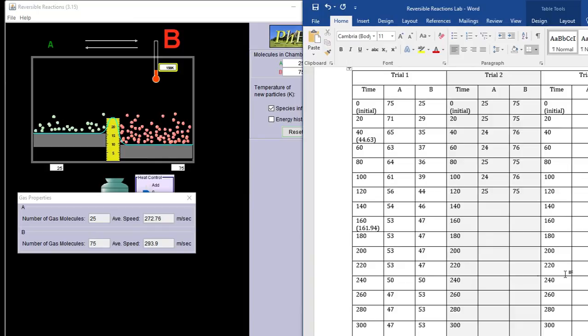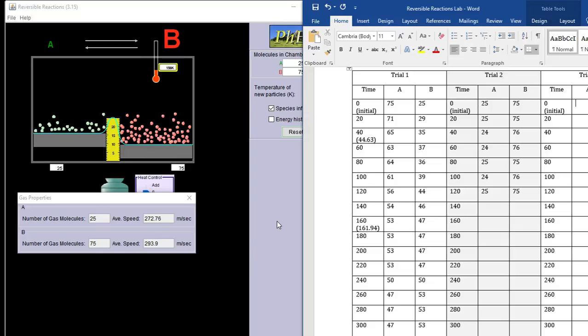All right, final part of the experiment. This one I leave up to you. Okay, so we've done 75 to 25, 25 to 75. Pick another configuration of A to B, and we're looking for what's the final A to B ratio. So one I might recommend is let's try 60 to 40.